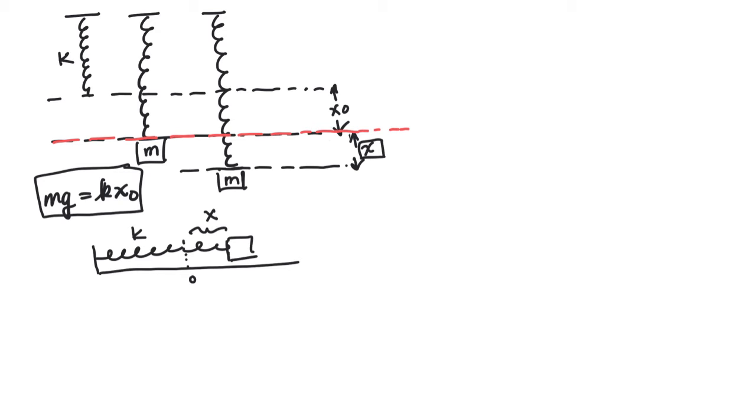So if that's the case, what it means is that the equation for a harmonic oscillator must apply in x. So negative kx, the restoring force, must be equal to the mass times the second derivative of x with respect to time.